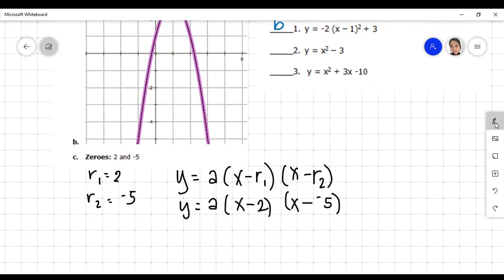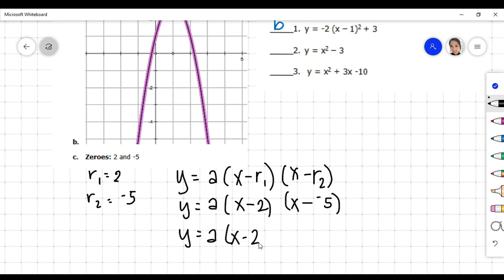So that is y equals a times x minus 2 times, so negative times negative 5, that is positive 5. So if we multiply these two binomials, that is equivalent to y equals a times x squared plus 3x minus 10.